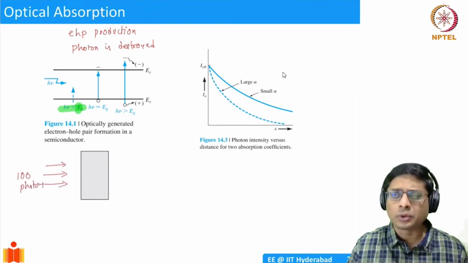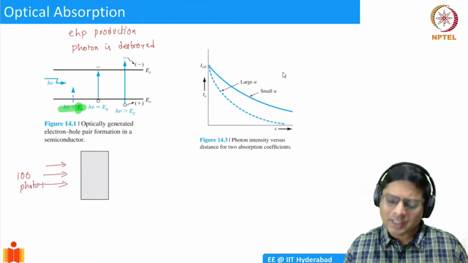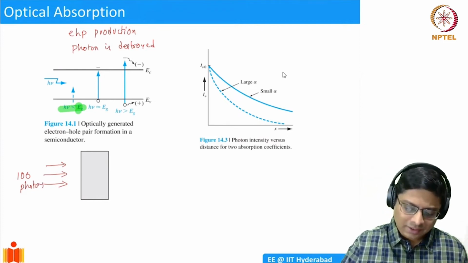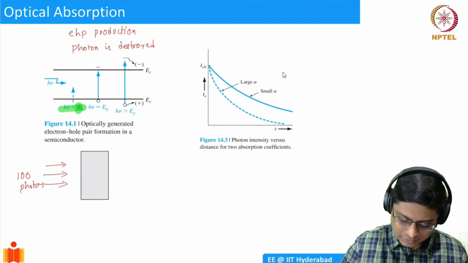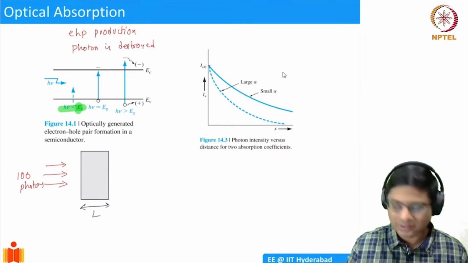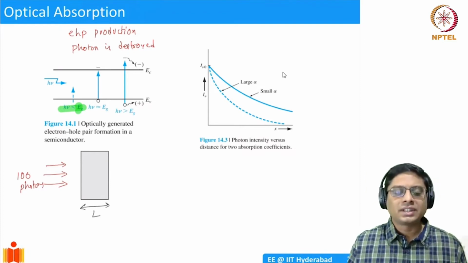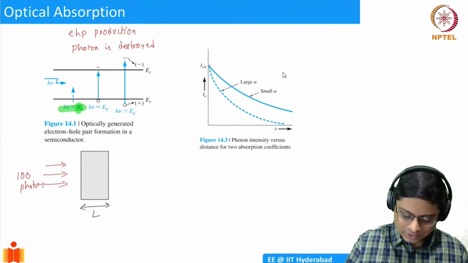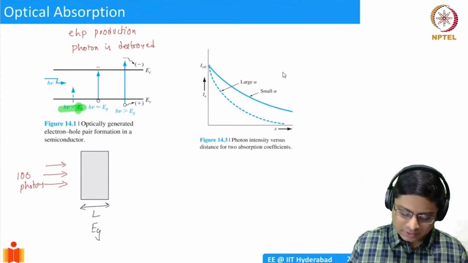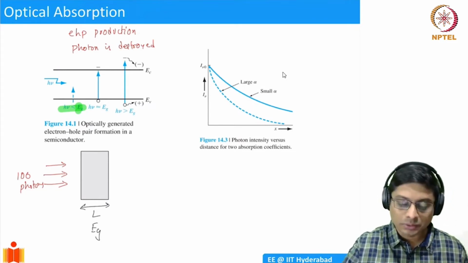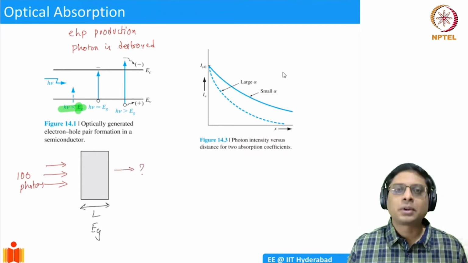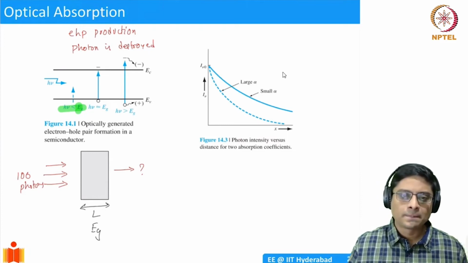Okay, 100 photons is a very, very small number, but let's say I managed to shine 100 photons on this semiconductor, and let's say the thickness of the semiconductor is L. If the thickness is L, and we know the band gap, of course, right? Eg, something is there, right? So how many photons will come out of this? That's a problem we want to understand.